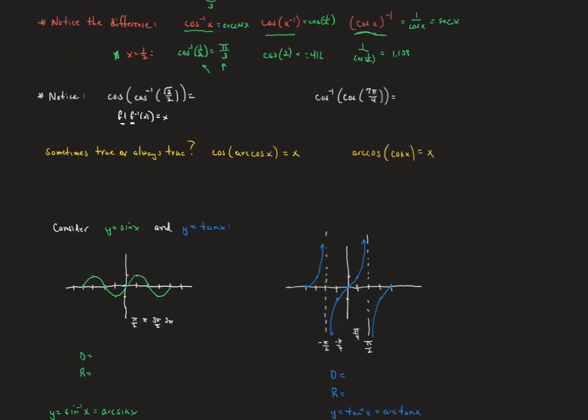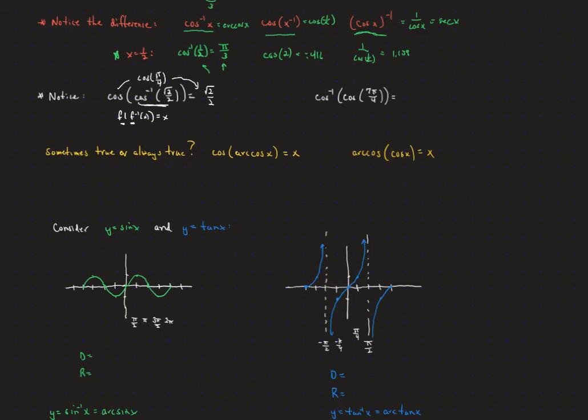And in this case, that's true. We can just think of those as canceling, and we're going to get square root of 2 over 2. If you wanted to do it the long way, you could say the angle whose cosine is square root of 2 over 2 would be pi over 4. And the cosine of pi over 4 is right back to square root of 2 over 2.